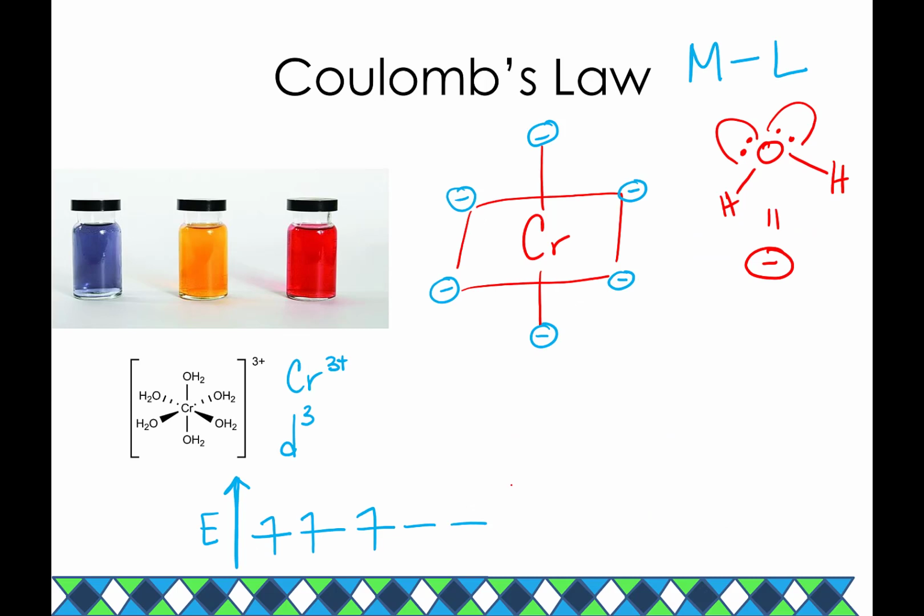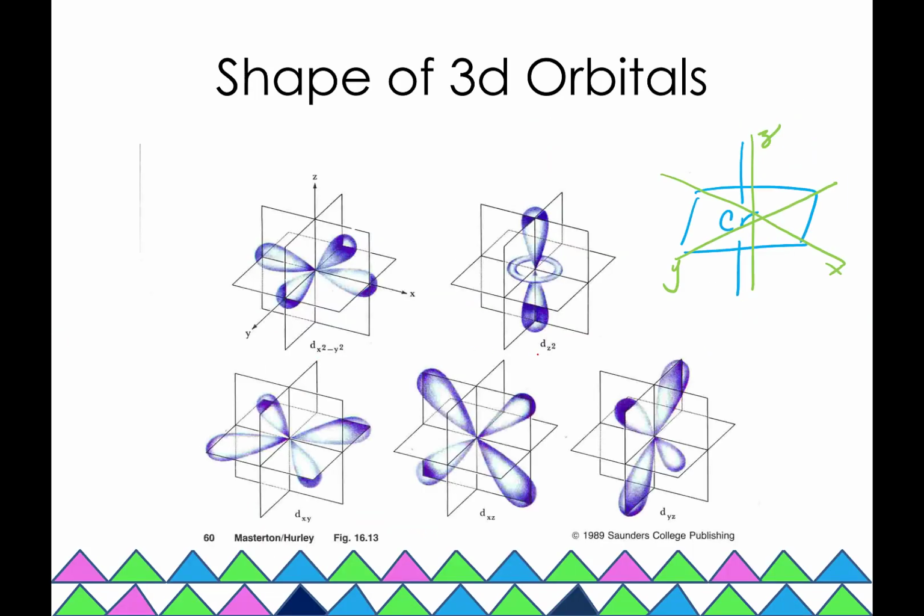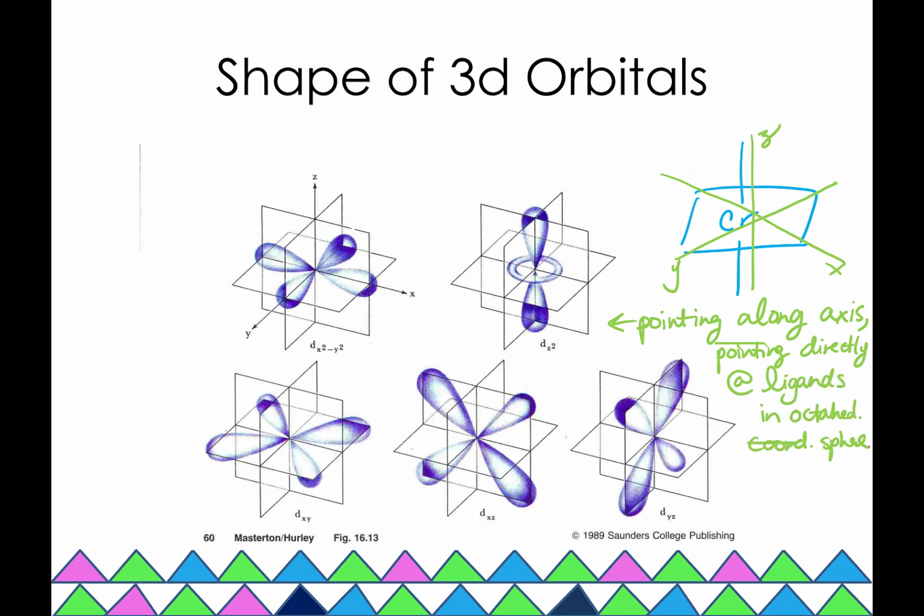What's really important here is that our ligands are pointing along our Cartesian axes. Nature doesn't have a coordinate system, but this is the frame of reference that we're going to be using to talk about this. Our dx squared minus y squared and our dz squared, both of these d orbitals are pointing along the axes and therefore are pointing directly at our ligands in an octahedral coordination sphere.